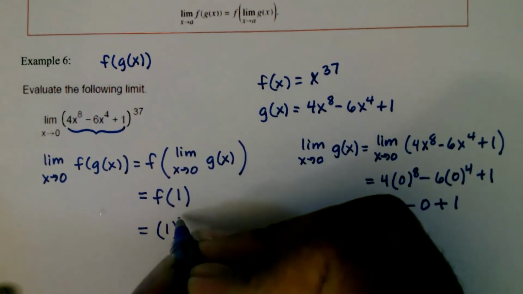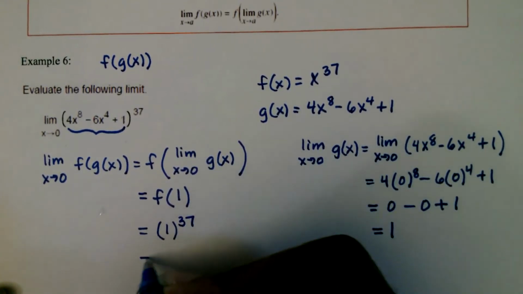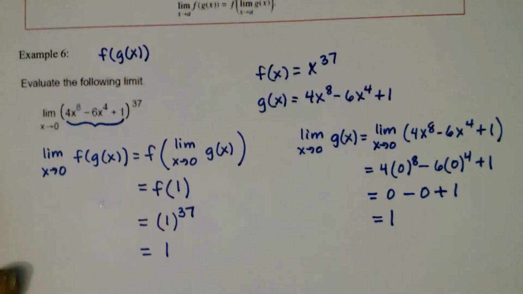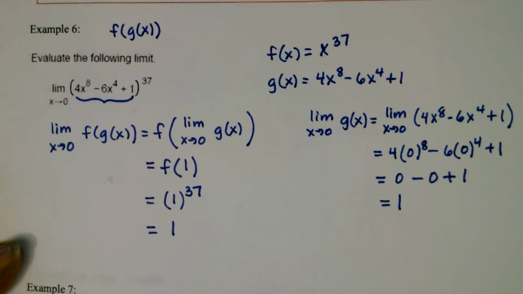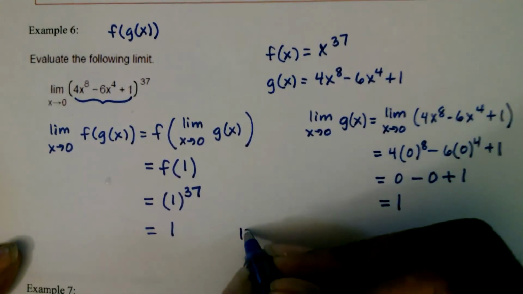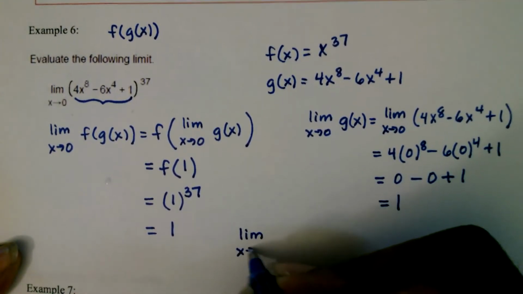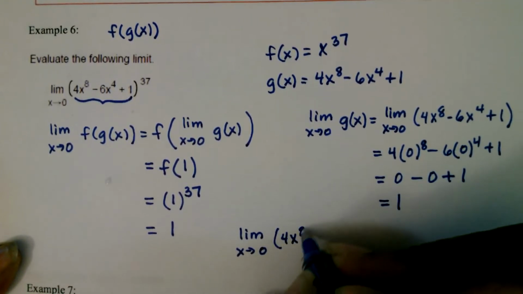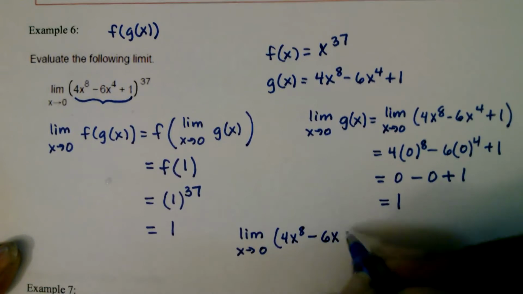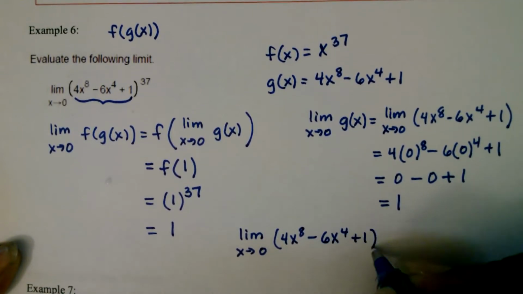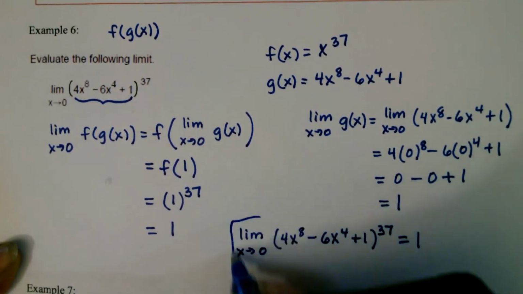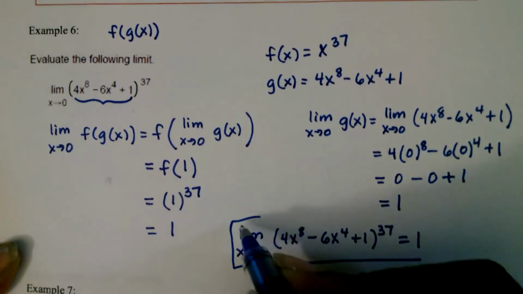So it'll be 1 to the 37th power, and that's simply going to end up being 1. So the limit as x approaches 0 of 4x to the 8th minus 6x to the 4th plus 1, and that quantity to the 37th power, will end up being 1.